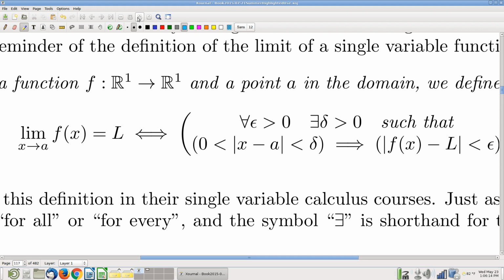Again, it doesn't make sense for that to be anything but positive. No matter how arbitrarily small epsilon is, I need for there to be some sufficiently small delta so that that delta, as a requirement on x, in other words, insisting that x be that close to A, I need for that to give me, to ensure that the absolute value of f of x minus L is less than epsilon. Namely, that f is, as desired, as arbitrarily close as was required to L. So that's the definition.